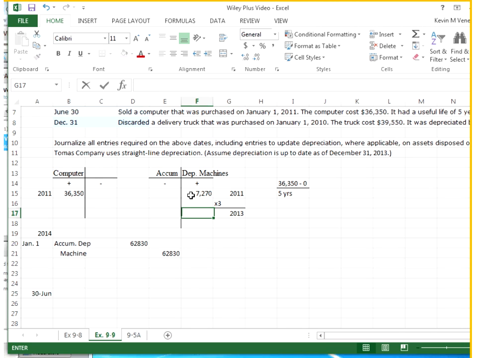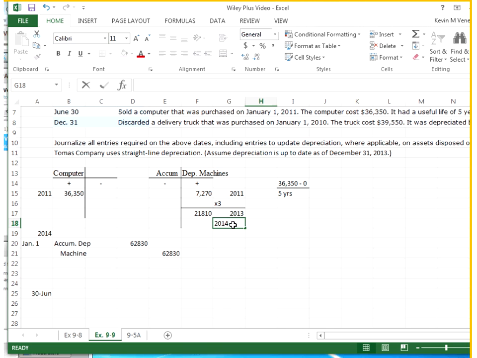So all I've got to do, because now we're at the end of 2013, if I multiply this number by the 3 years, 2011, 2012, and 2013, I can get what my up-to-date accumulated depreciation was at the end of last year, which is all that I would have depreciated so far.